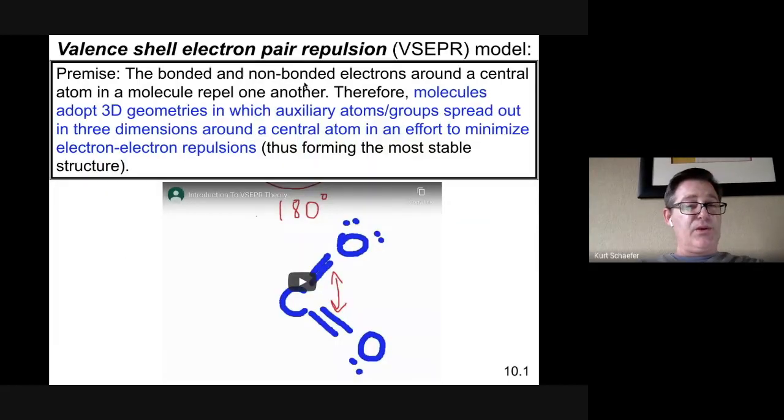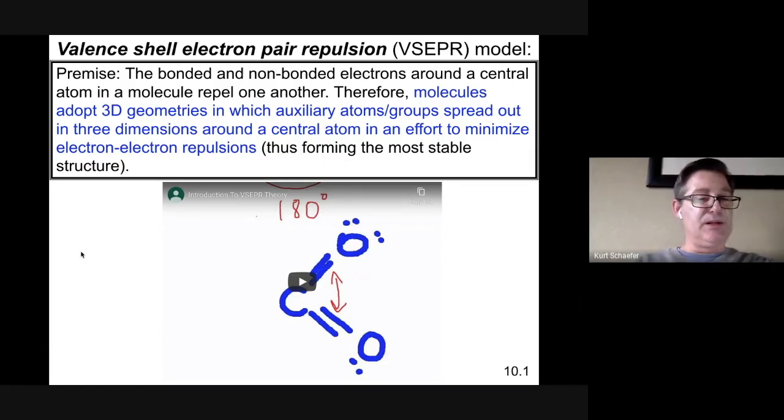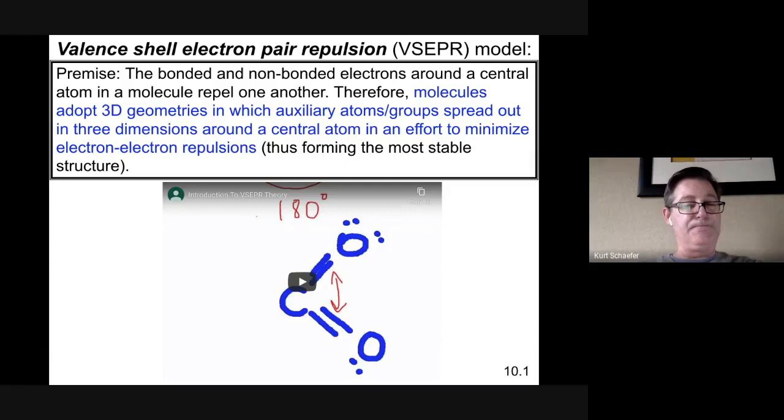The theory that we're going to be looking at and using is called VSEPR theory, and VSEPR stands for valence shell electron pair repulsion model. And what this means is electrons are negatively charged, and the electrons that are surrounding a central atom have an effect on one another. The premise: the bonded and non bonded electrons around a central atom in a molecule repel one another.